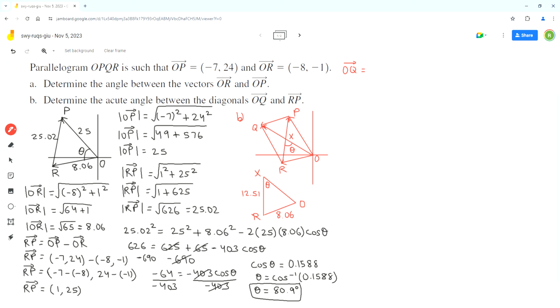Now vector OQ goes from point O to point Q. An alternate way to go from O to Q is to go from O to P and then from P to Q. And in a parallelogram, the opposite sides are equal in length and have the same slope. So therefore, vector PQ is equal to vector OR.